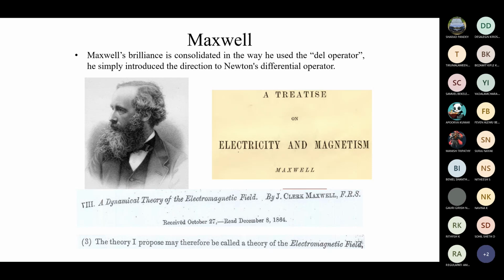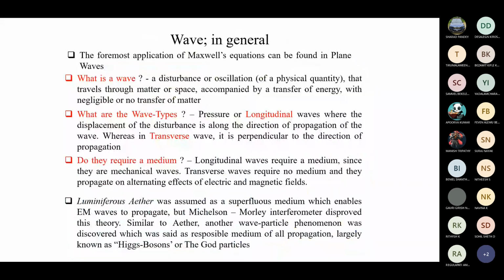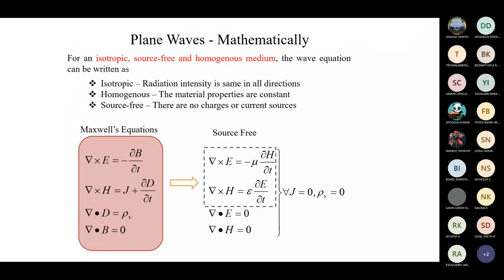We already studied Maxwell's equations, and you will see that this so-called wave equation is derived out of Maxwell's equations for the basic static conditions itself. Therefore, the wave equation, taken from the solutions of Maxwell's equations, is a very natural process.